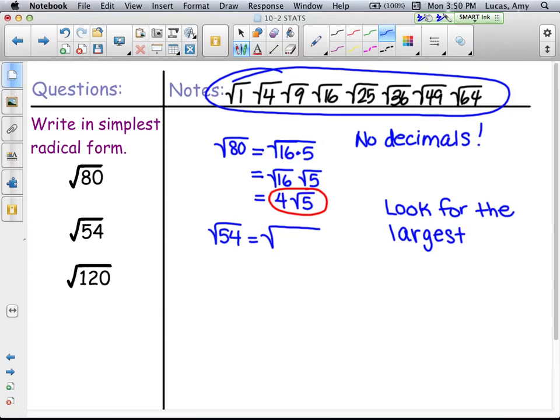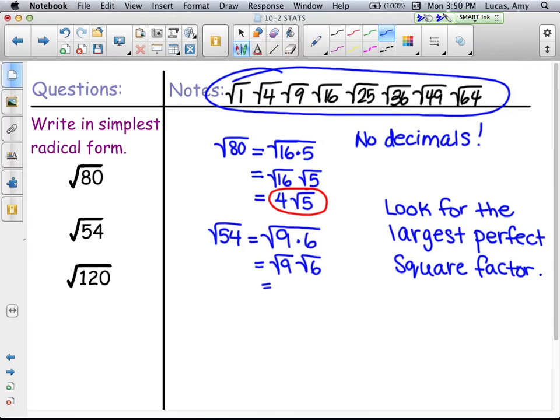The largest perfect square factor for 54 is 9. 9 times 6. So I can split it, and then the square root of 9 is 3. So my final answer in simplest radical form is 3 times the square root of 6.